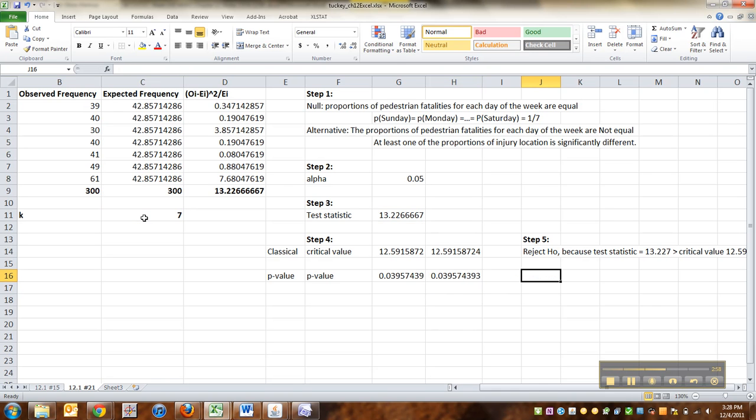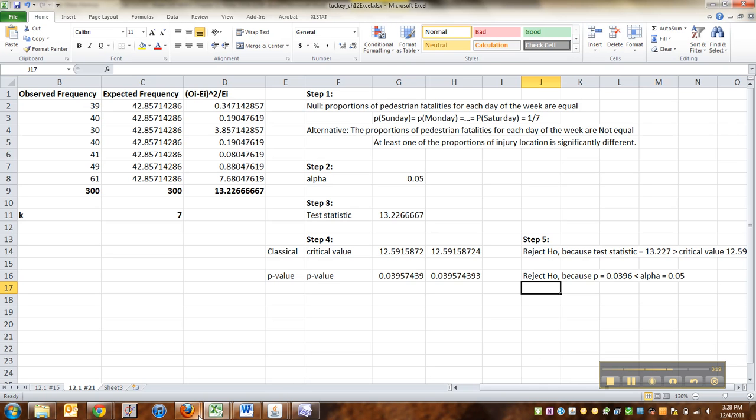There you go. Now notice that's a little bit lower than our alpha. Our alpha was 0.05. So we are going to reject H naught because p, which is equal to 0.0396, is less than alpha, which is 0.05.